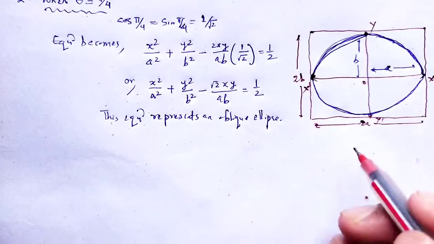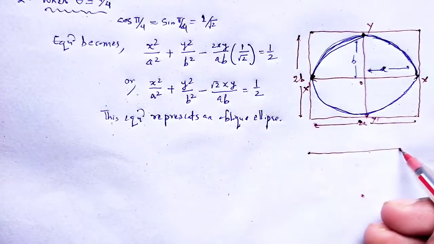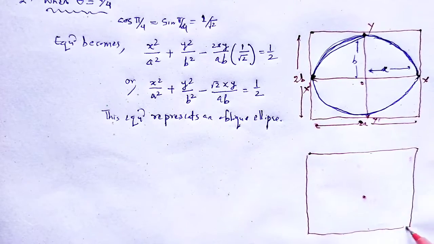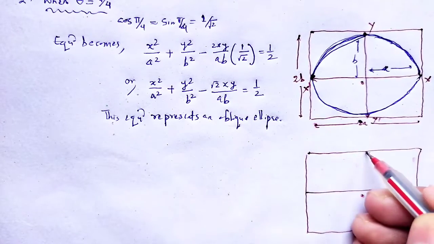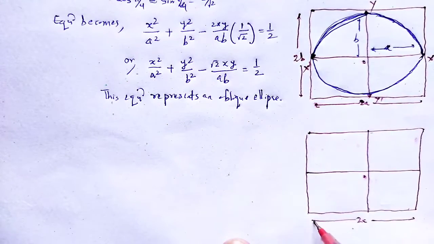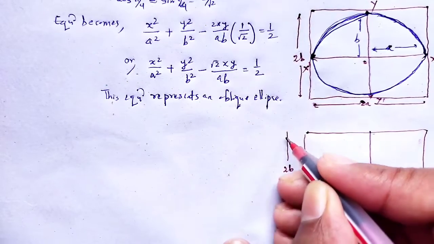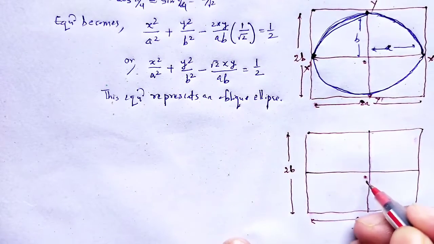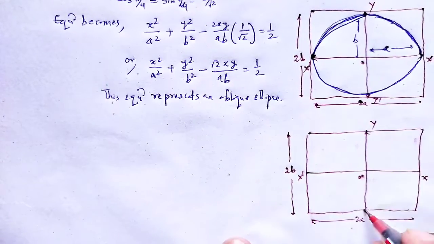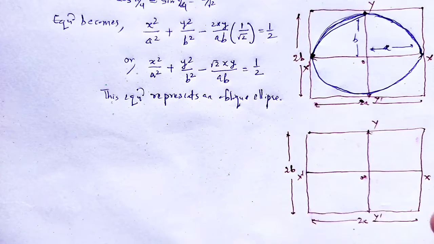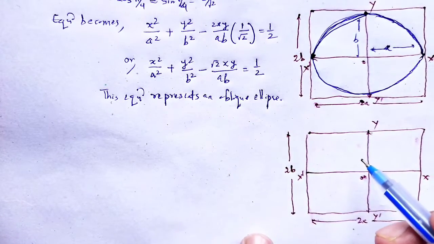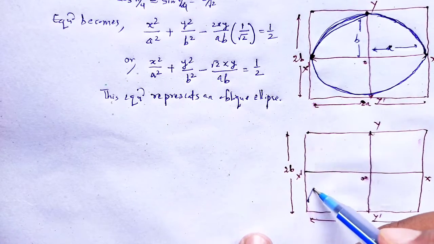We have the oblique ellipse, so the figure representation: 2a, 2b, x o x dash, y o y dash. It will be an oblique ellipse, so the ellipse looks like this.